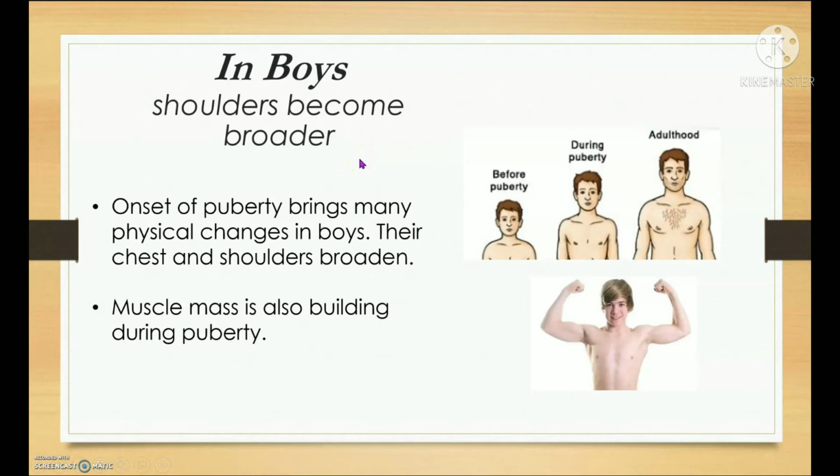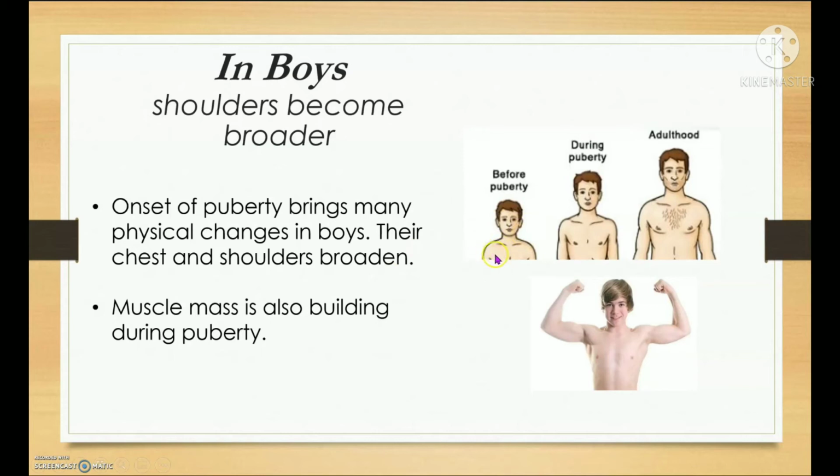Everybody repeat after me. In boys, shoulders become broader. Very good. Our first bullet says, onset of puberty brings many physical changes in boys. Their chest and shoulders broaden.